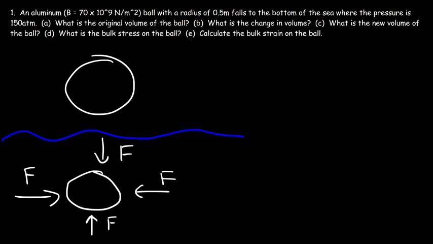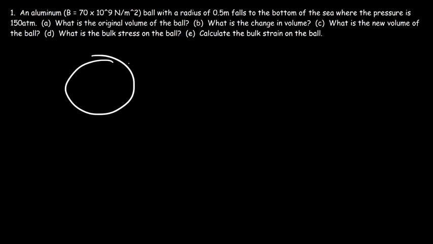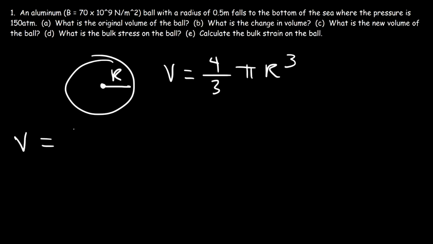So let's start by calculating the original volume of the ball. So we're going to assume that it's the shape of a sphere with radius r, and the volume of a sphere is 4/3 pi r cubed. So we have the radius of the sphere. It's 0.5 meters.